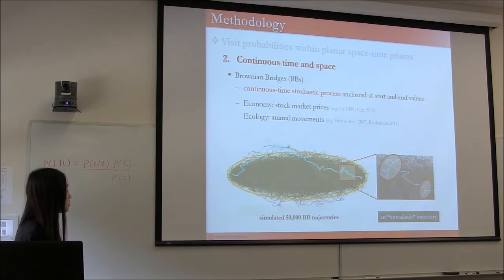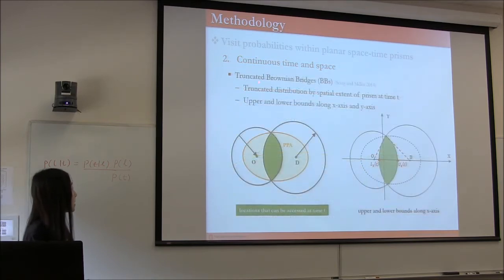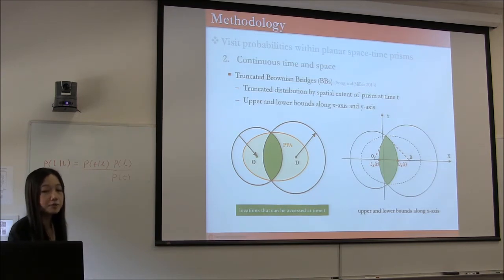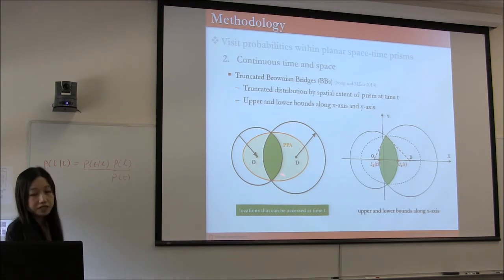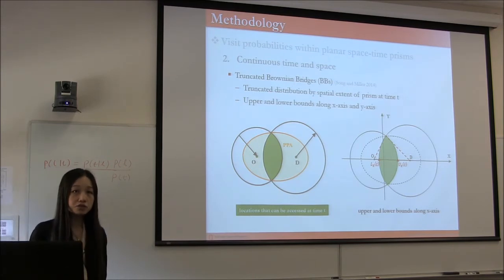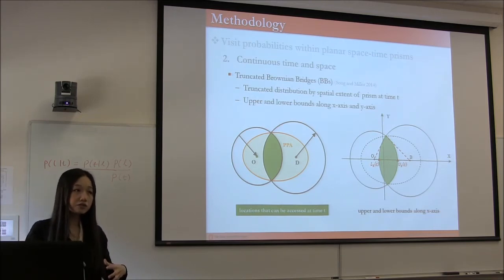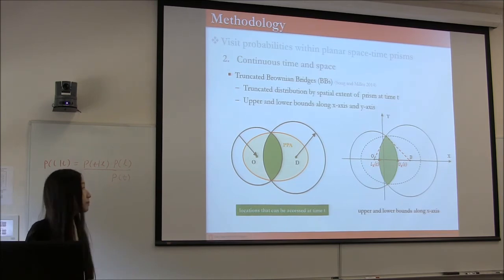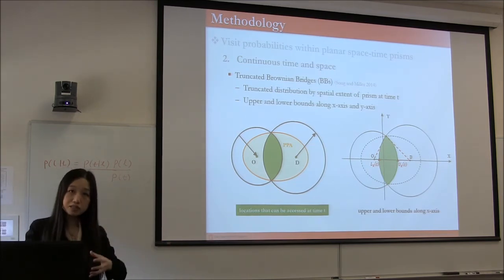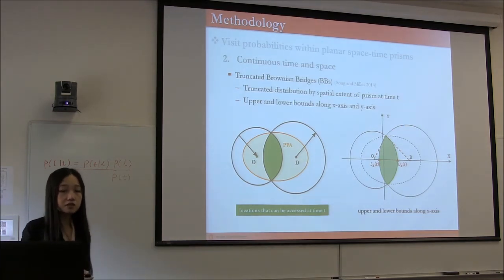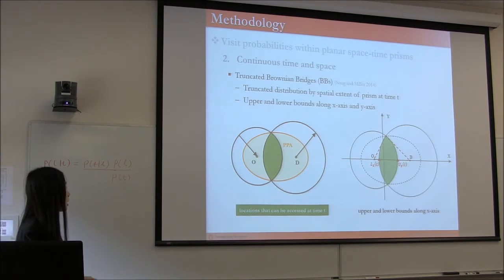So what we do is apply a truncated method, which applies a truncated distribution by the spatial extent of the prism at time t. A truncated distribution keeps the fundamental properties of the original probability distribution, but restricts the domain from infinite to finite. So that is what we apply.